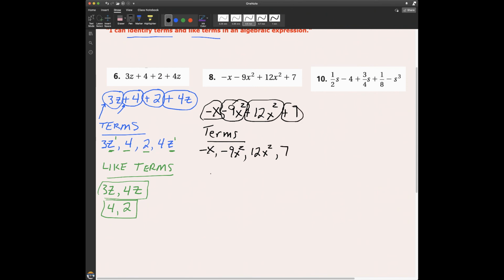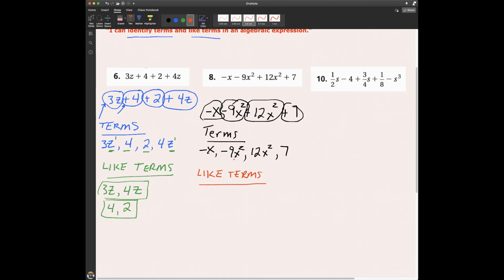Let's see if we can find the like terms. What do we have? Well, for negative x, there is no other term here that just has an x as a variable, so there is no like term that goes with negative x. What about negative 9x squared?